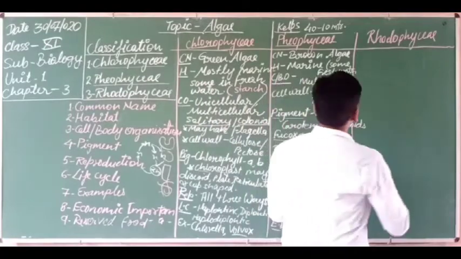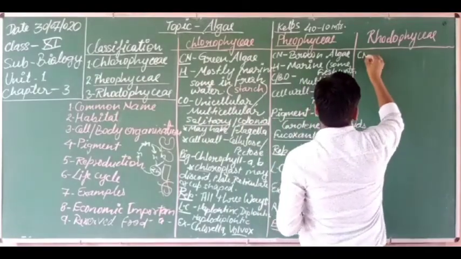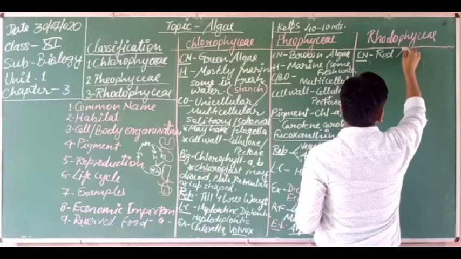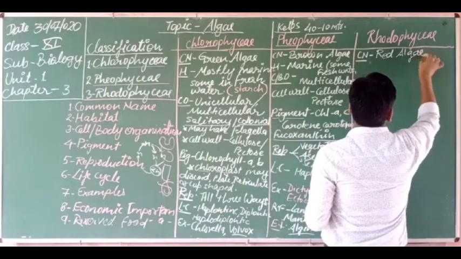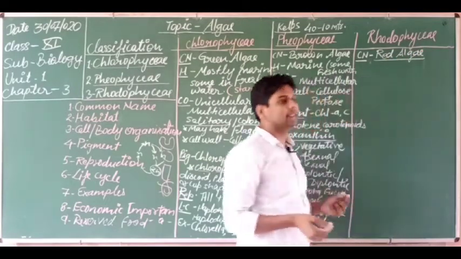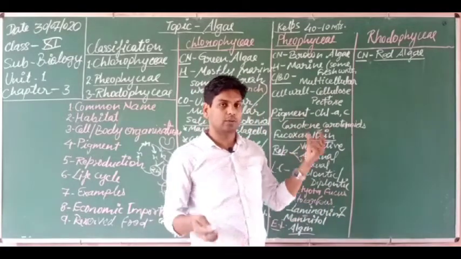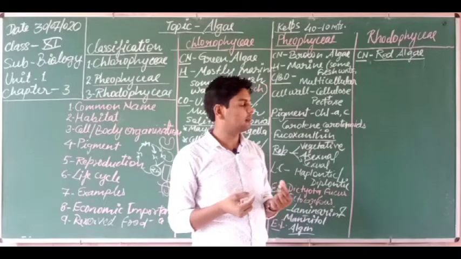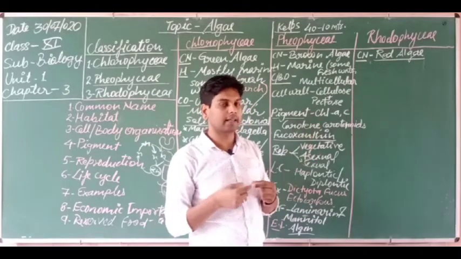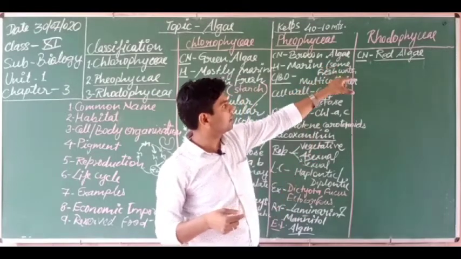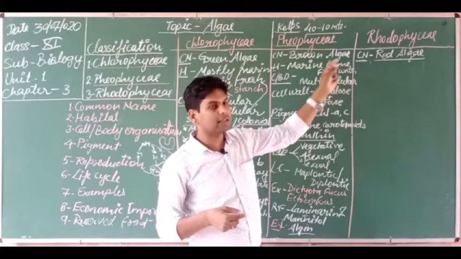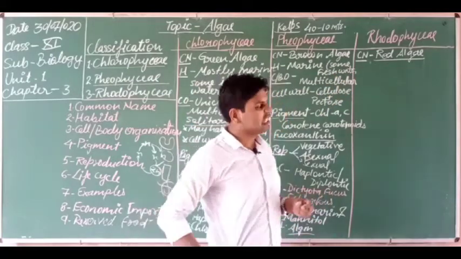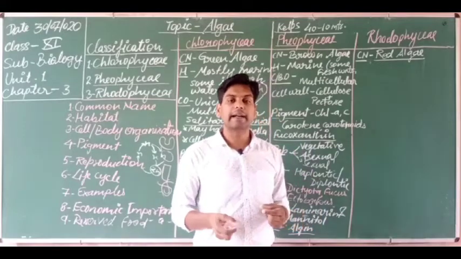Okay, here let's discuss the common name of Rhodophyceae, which is red algae. So rhodo, you can make sense of it, rhodo is red. Actually rhodo is a Greek term derived from the red color.